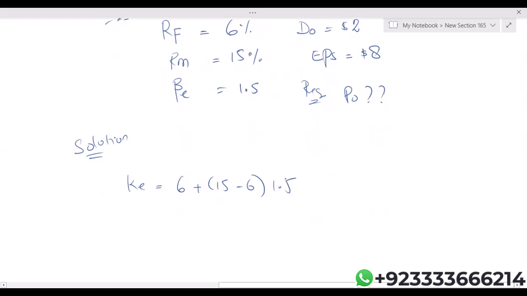Logically, Ke will be more than RM, yes or no, students? Because by looking at equity beta we can say this. When equity beta is more than 1, it means your investment is riskier than the market. When my investment is riskier than the market, then I'm going to demand a return which is more than the market.